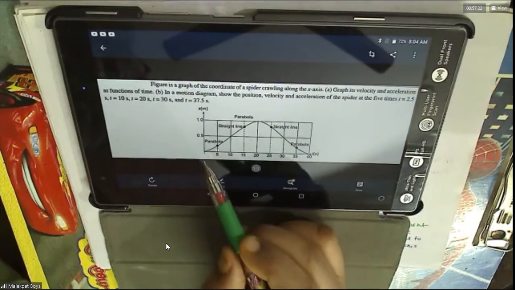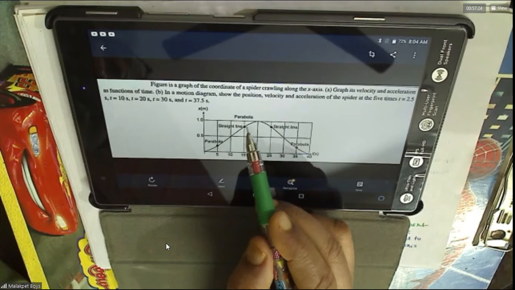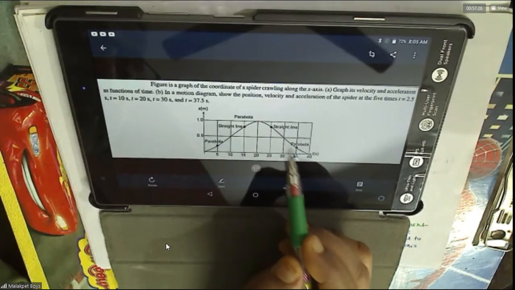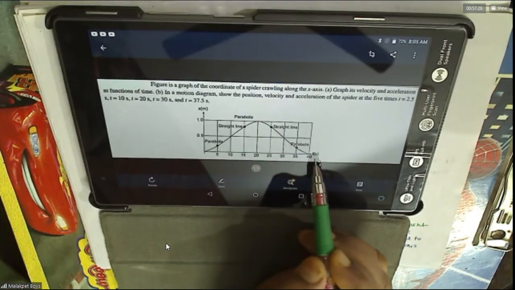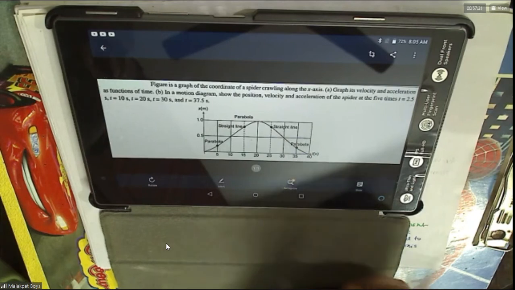What he says is it's a parabola, straight line, parabola, straight line, again a parabola. Understood this? Meaning of this?